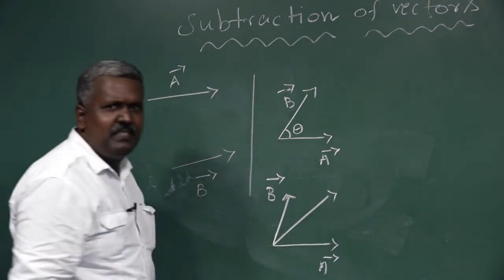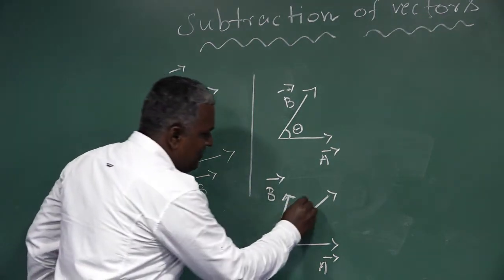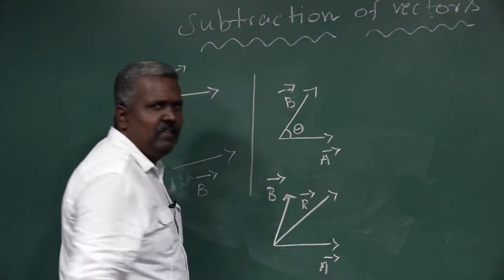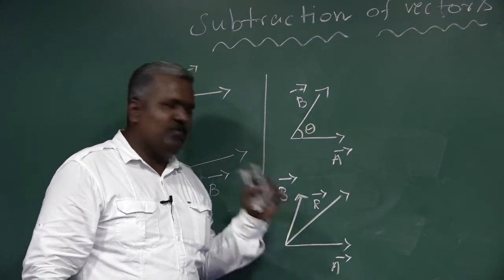With the help of the triangle of addition from last class. That is simply denoted by R vector, the resultant vector of these 2 vectors A and B.